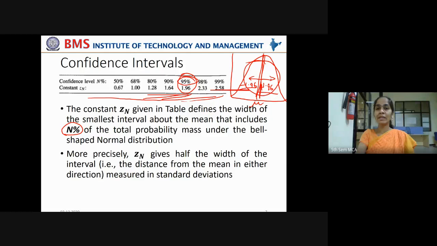That is why we have taken it as half the interval. That is the distance from the mean in either direction, in the minus direction backward or the plus direction forward, measured in terms of standard deviations. So when you take the center point as the mean, this critical value is taken as plus or minus 1.96 for the given confidence interval of 95%, right?